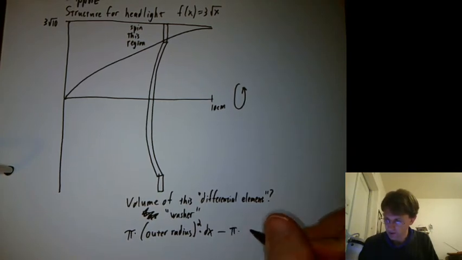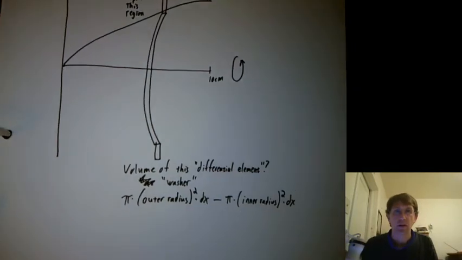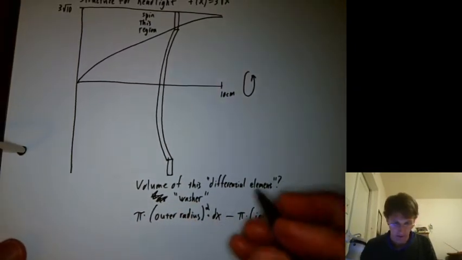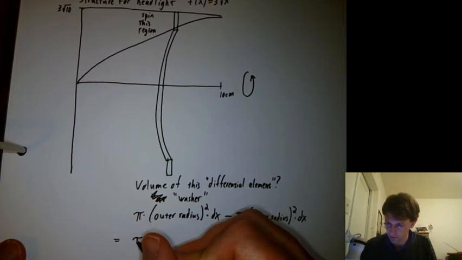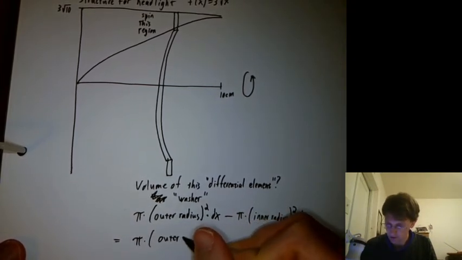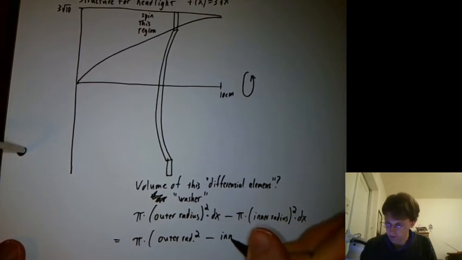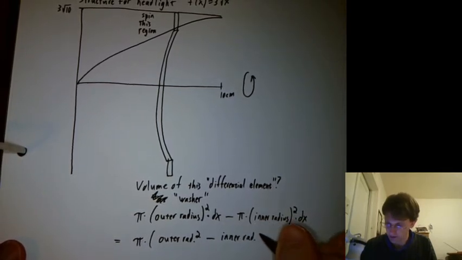Minus pi times the inner radius, the part that you're imagining taken out, squared times dx. And you could simplify that a little bit. So you'd get what? Pi times outer radius squared minus inner radius squared times dx.